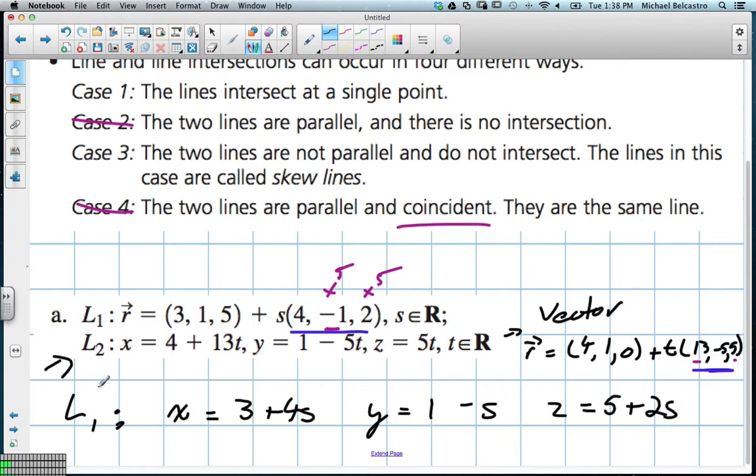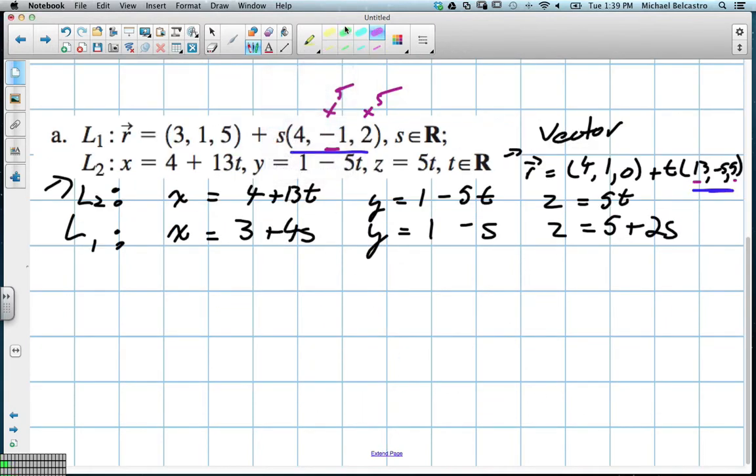I'm going to rewrite line 2 above it, just so they're all in my writing, so I'll be able to read it a little easier. X, our y value is already given to us, and the z value, 5t. Okay. What we're going to do from here is choose a pair, whether it's the parametric forms for x, y, or z, and we're going to isolate variables.